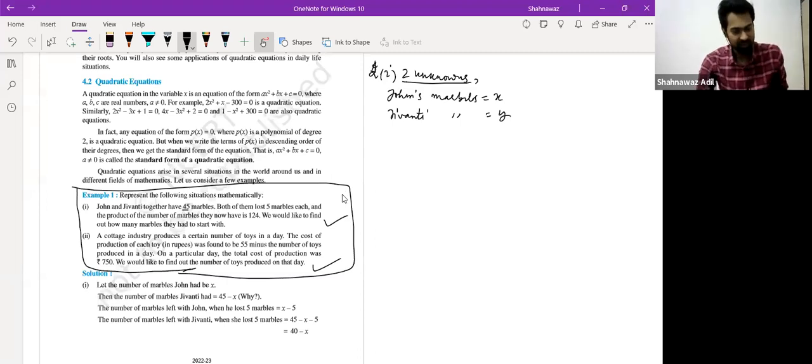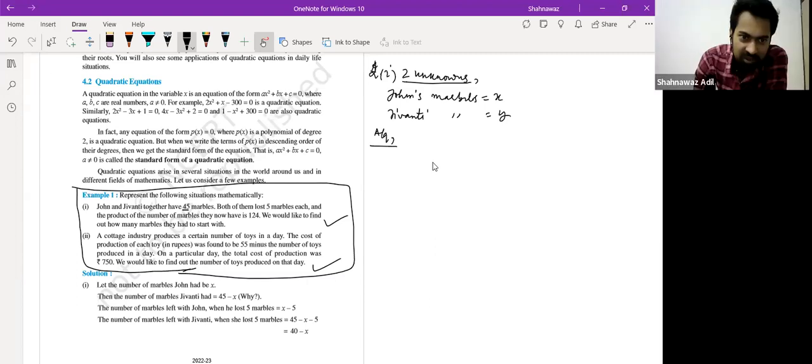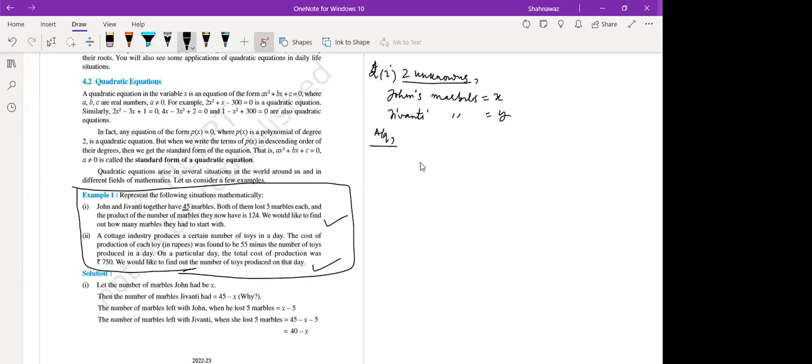Tell her what is the first information. Yes, Emma, audible? Yes, sir. So what is the first information? First information, together they have 45.